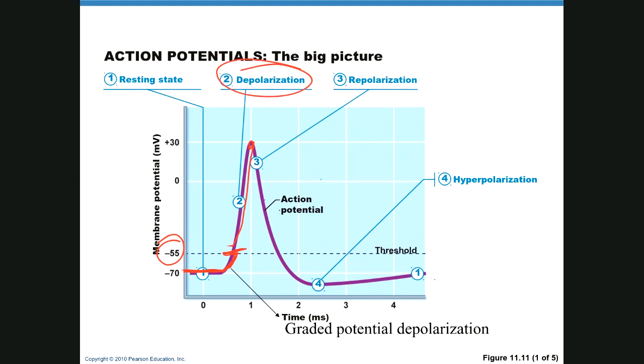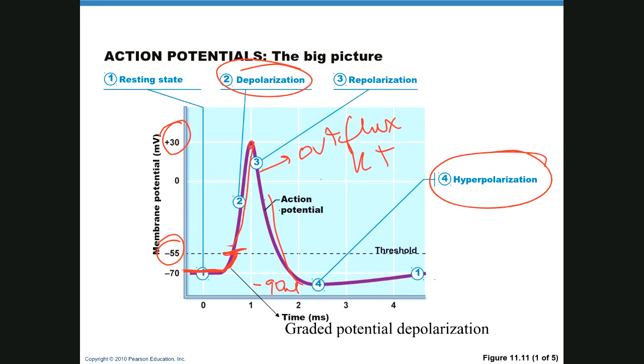When the membrane reaches plus 30 millivolts, at that value, voltage-gated sodium channels close and voltage-gated potassium channels open, and there is an outflux of potassium from the cell, making the cell more and more negative. It reaches minus 90 millivolts. That's what we call hyperpolarization.